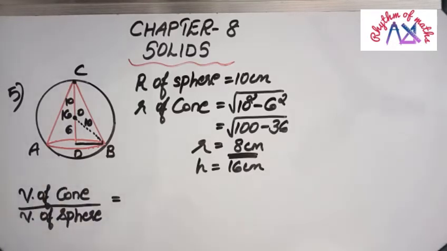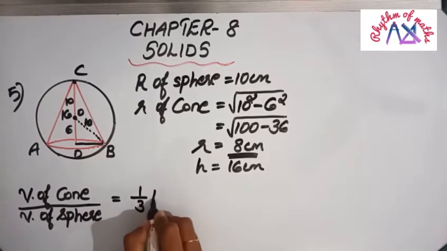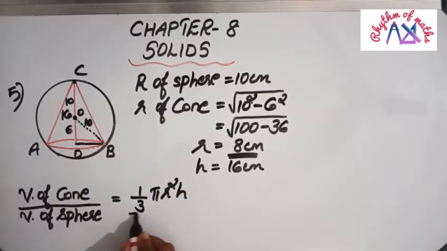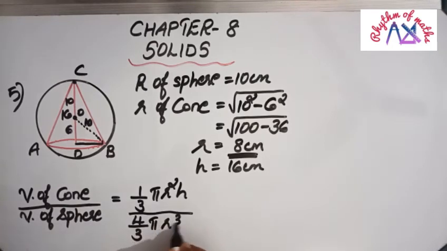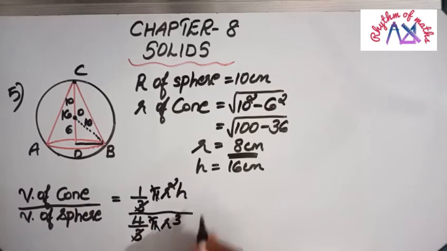Now let's apply the equation. Volume of cone equation is 1 by 3 pi r square h, divided by volume of sphere equation, which is 4 by 3 pi r cube. Now the 3 and 3 we can cancel, and pi and pi also cancel.